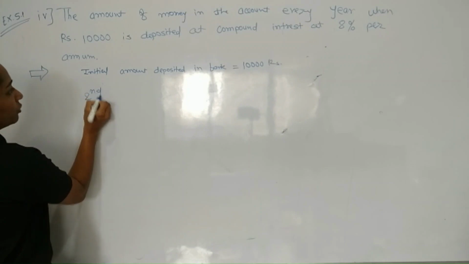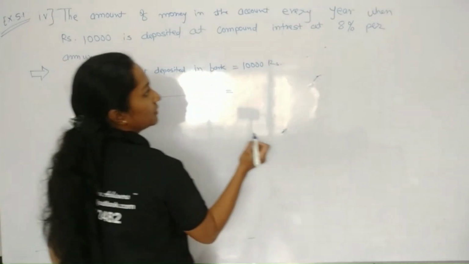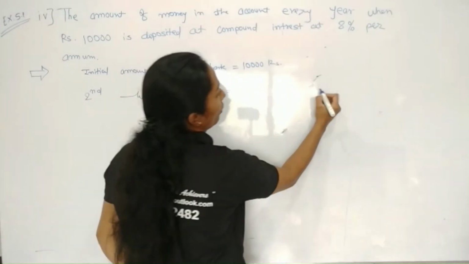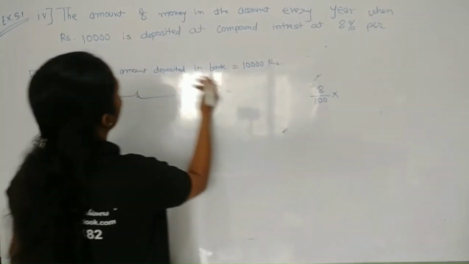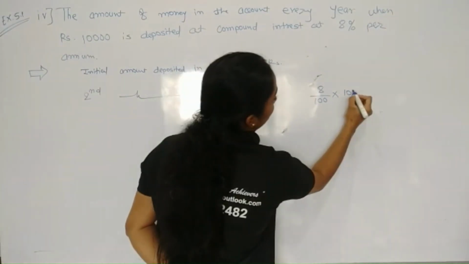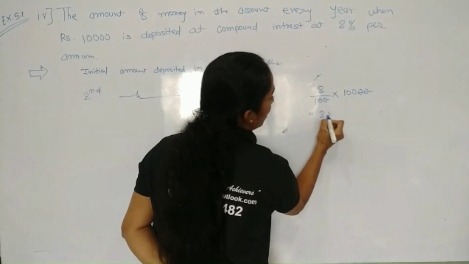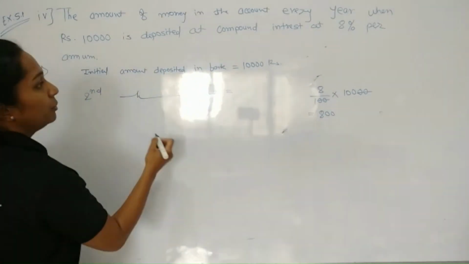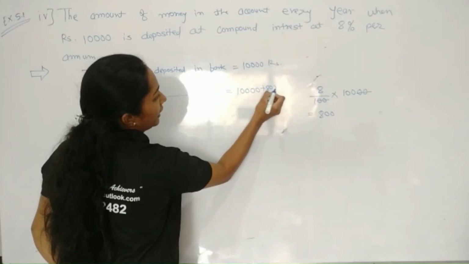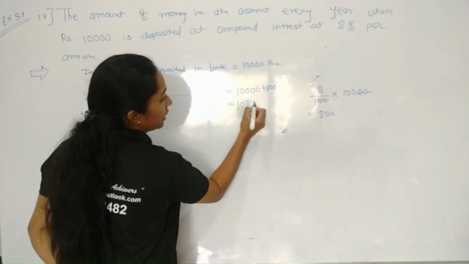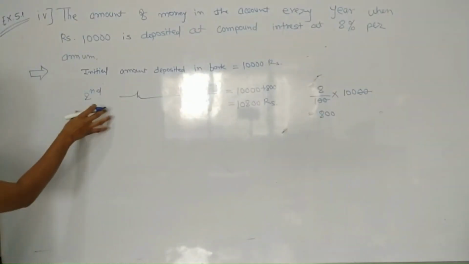If we calculate the second amount in the bank, that is 8% on 10,000, it means 8 upon 100 into 10,000. So 800 rupees extra will be applicable for the next year. It means 10,000 plus 800 is 10,800 rupees for the second year.